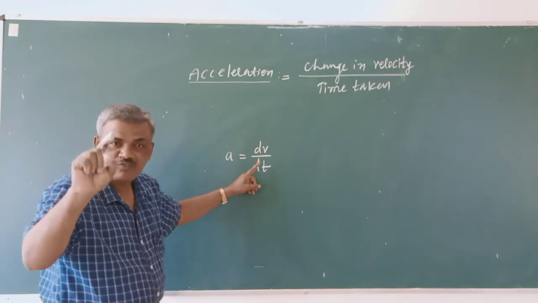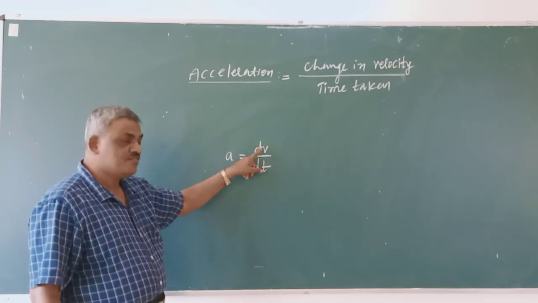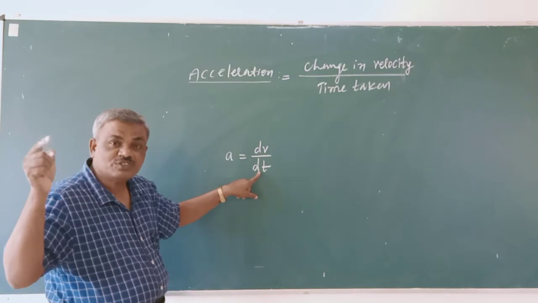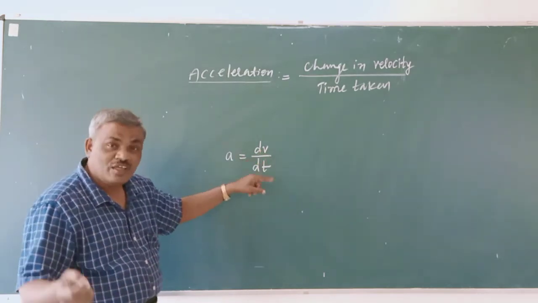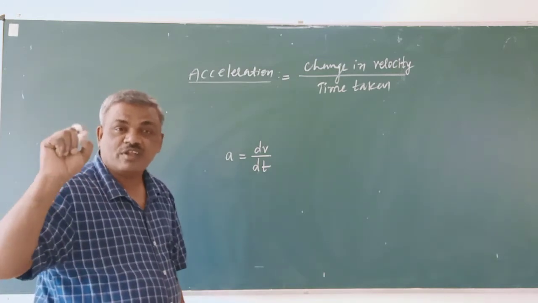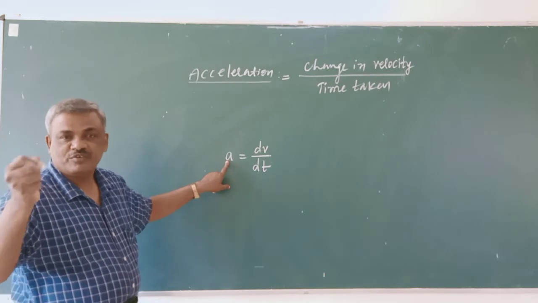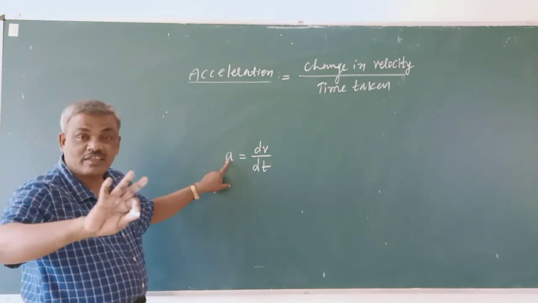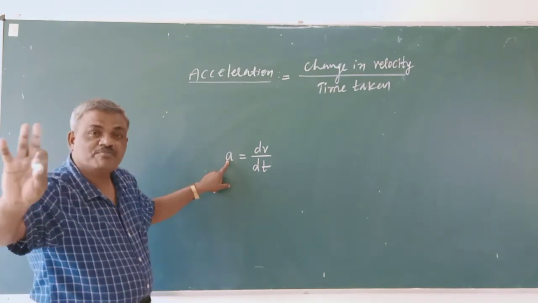The mathematical formula is a equals dv by dt. This mathematical equation dv by dt is the rate of change of velocity, which is called acceleration. The acceleration symbol you represent as small a, not capital A, and do not mention any other symbol.